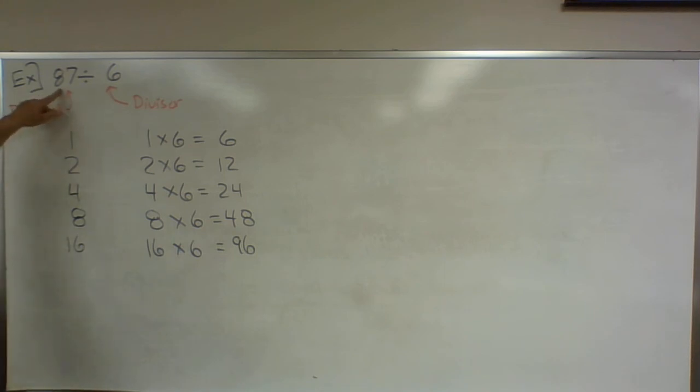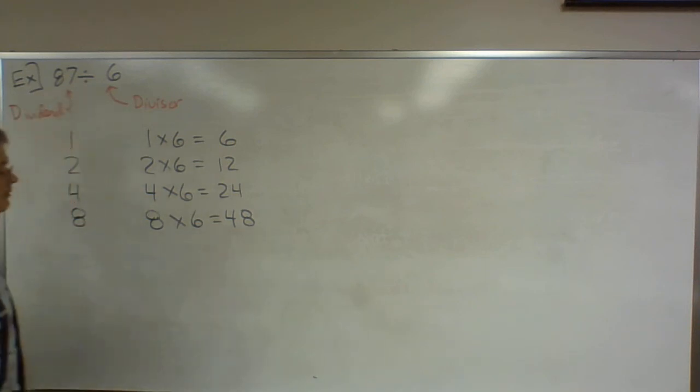Oops, that's bigger than the dividend. The dividend can't be smaller than the sum of positive numbers greater than itself. Okay, so we stopped here. Let's see how we're doing.